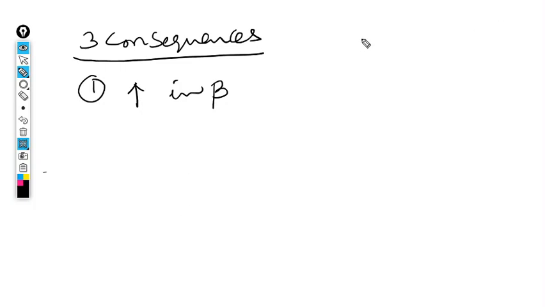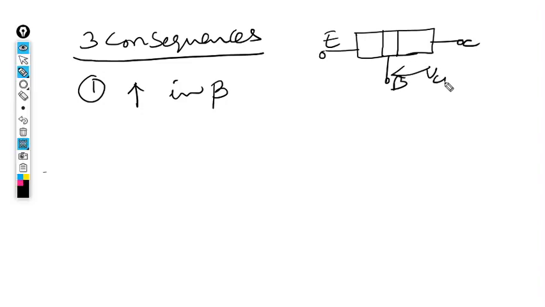As we know, this is our transistor. This region is the emitter region, this region is the base region, and this one is the collector region. If VCB increases, the effective base width decreases. As the effective base width decreases, the number of recombinations taking place in the base region decreases.